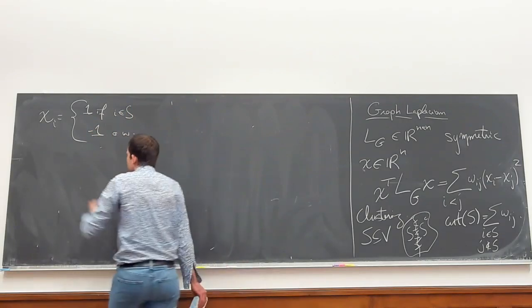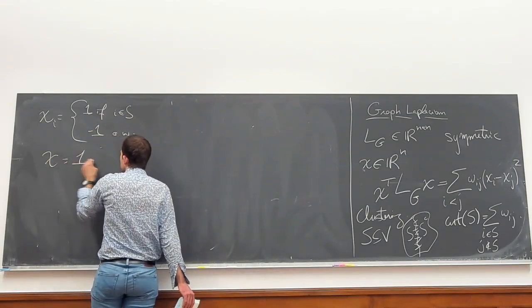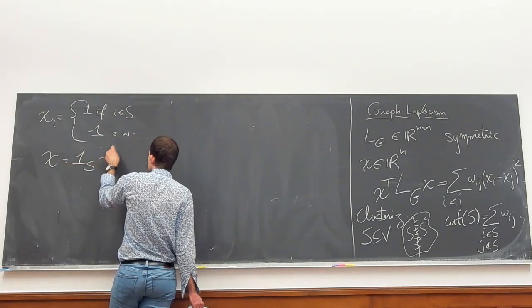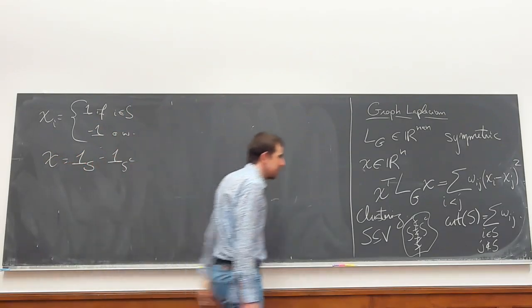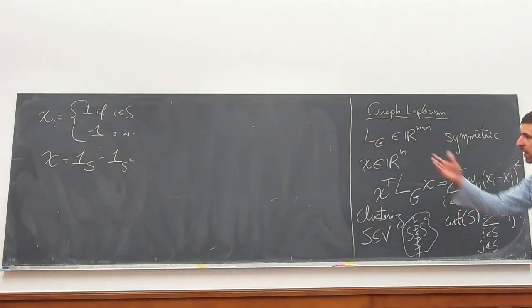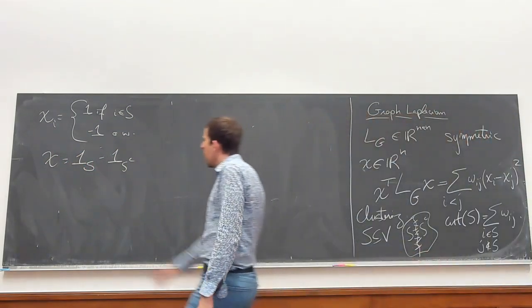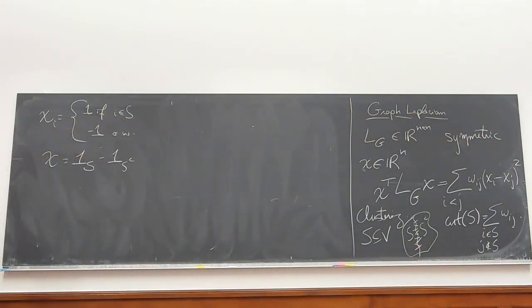Maybe another way to write this is x is the indicator at S minus the indicator at S complement. Then I claim that the quadratic form of the Laplacian of this tells me something about the cut.